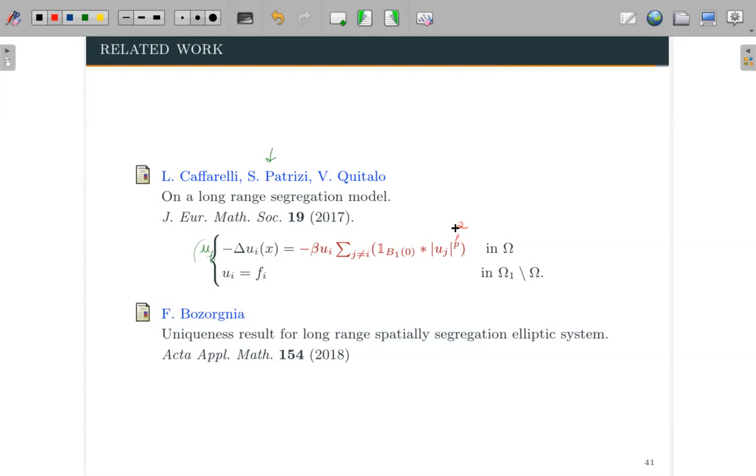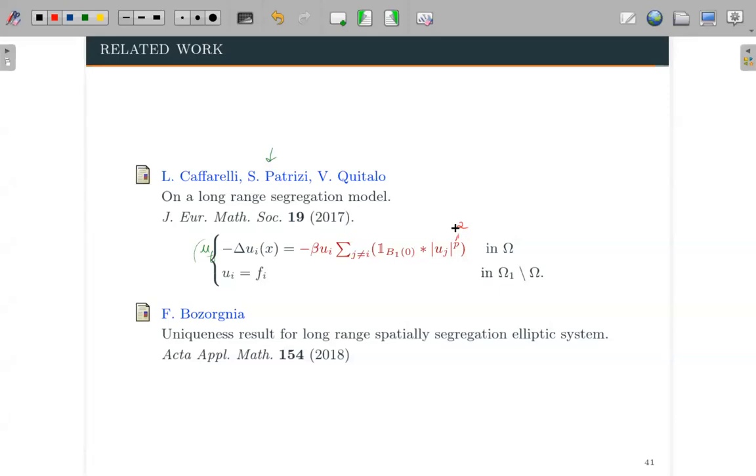My question is about statements on the aggregation model. I know there are some results for aggregation models, and they also have short range and long range.